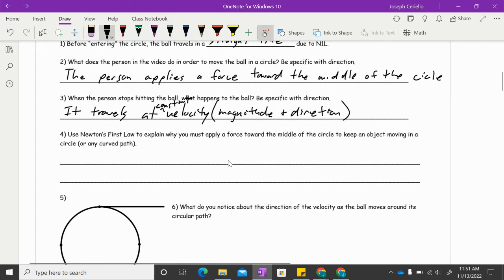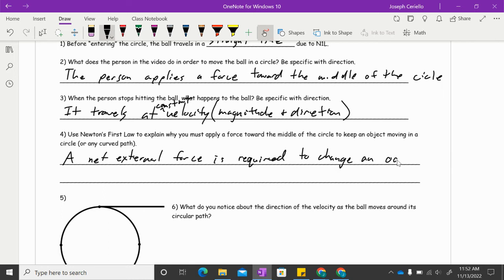So use Newton's first law to explain why you must apply a force toward the middle of a circle to keep an object moving in a curved or circular path. A net external force is required to change an object's velocity.